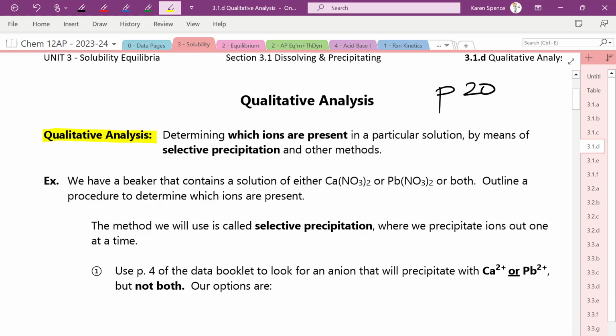Qualitative analysis. We're all about solubility now, so you will be using page 4 of your data booklet a lot, okay? In qualitative analysis, you are going to be given a test tube or a beaker, and it's going to contain a solution that contains some unknown ions.